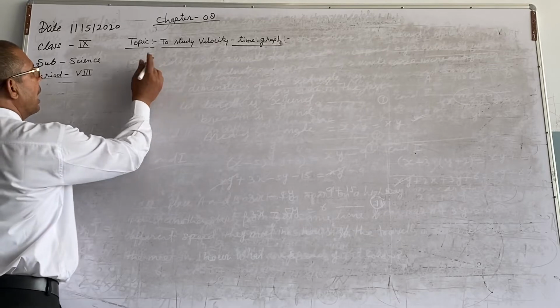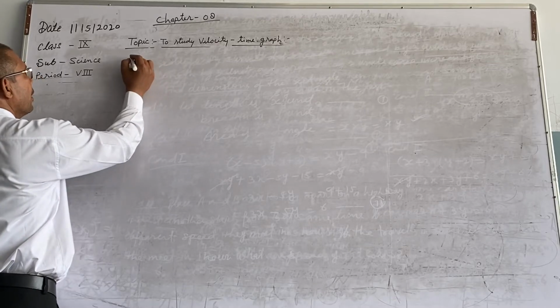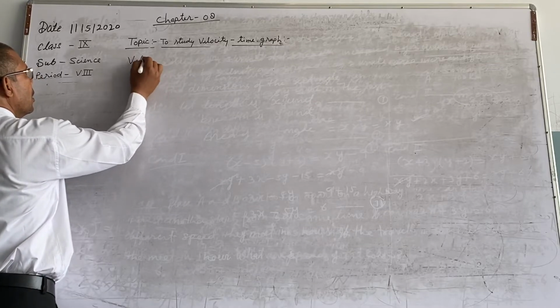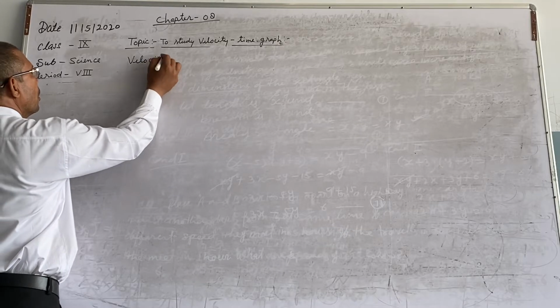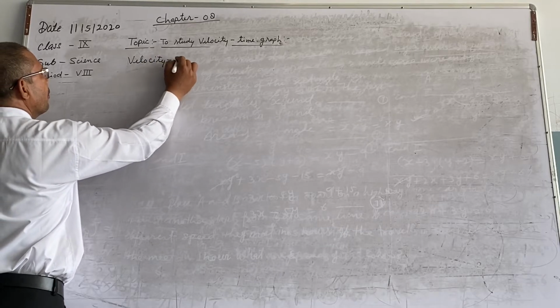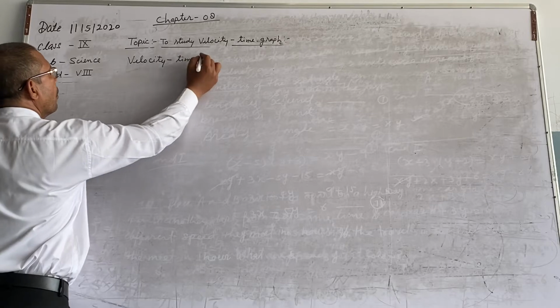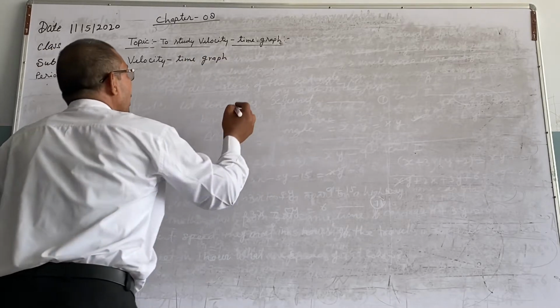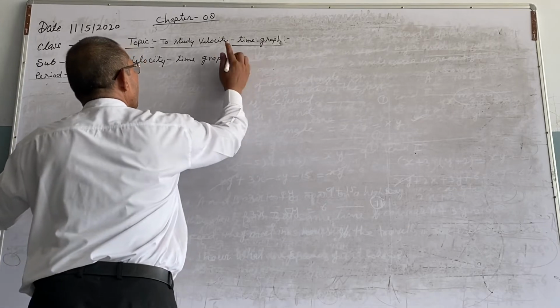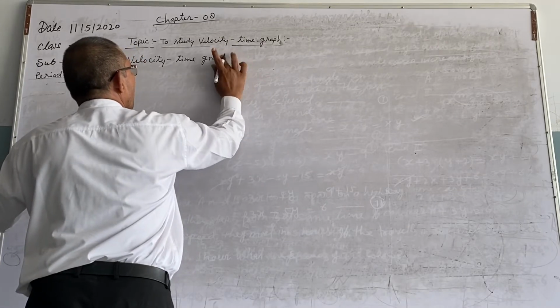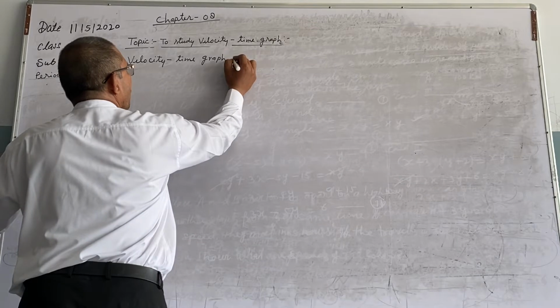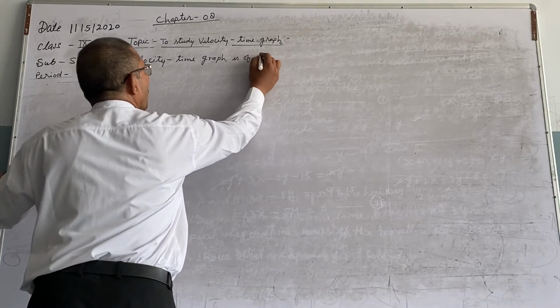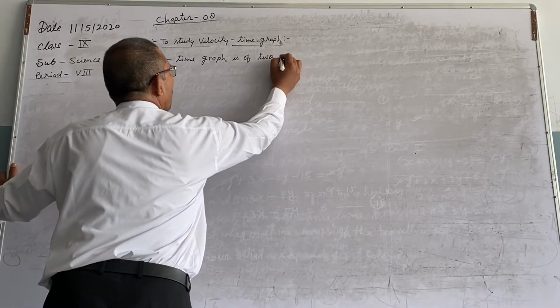The velocity time graph is of two types.